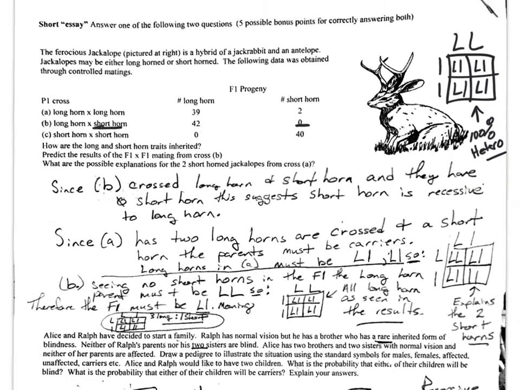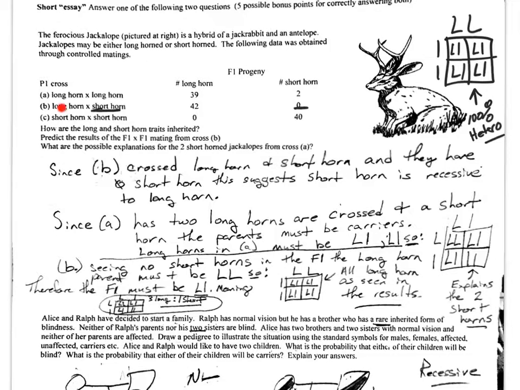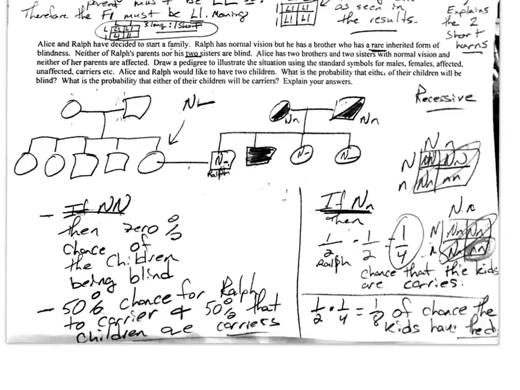So if you think about it, Longhorn, Shorthorn, the F1 generation, that's this one. So cross 2 of these, you're crossing 2 heterozygotes. And so this explains the 2 Shorthorns, right? Does that make sense? Okay.